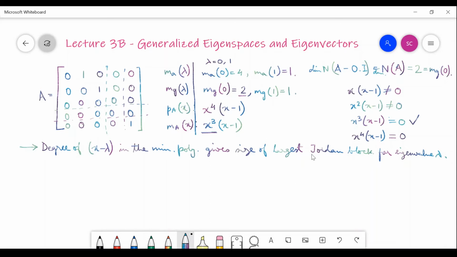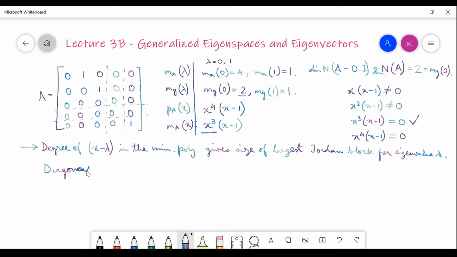So for complete diagonalization, the criterion is basically that the algebraic multiplicity should be equal to the geometric multiplicity. I may define a term like diagonalizability. I'm not sure if this terminology really exists, but just for our own understanding, we can use this.